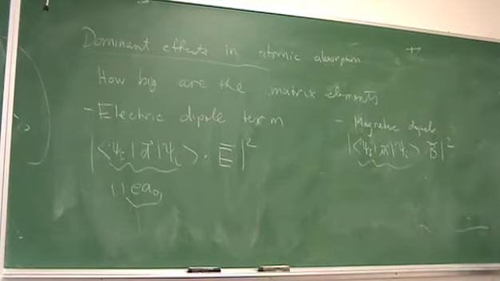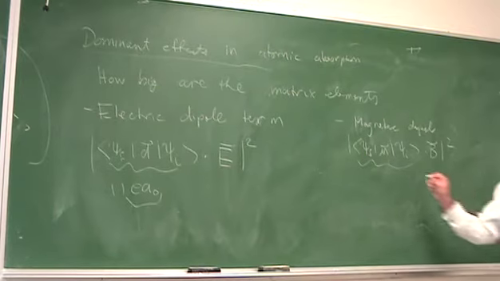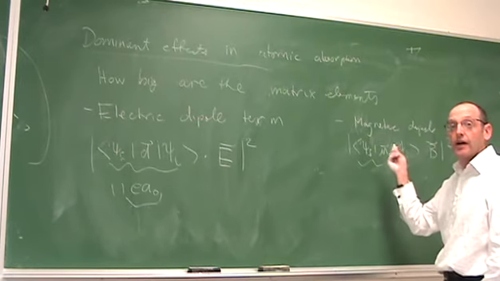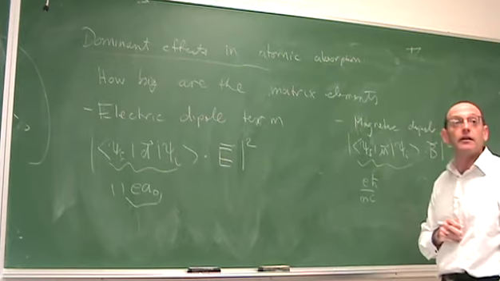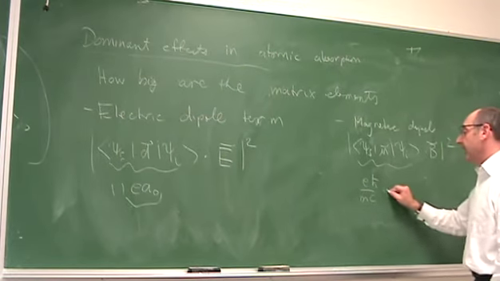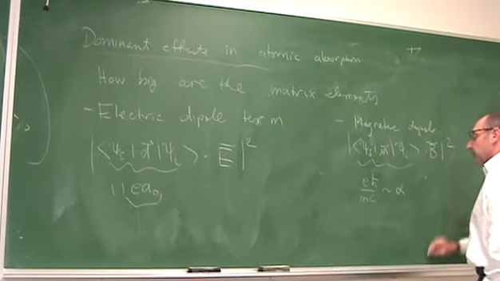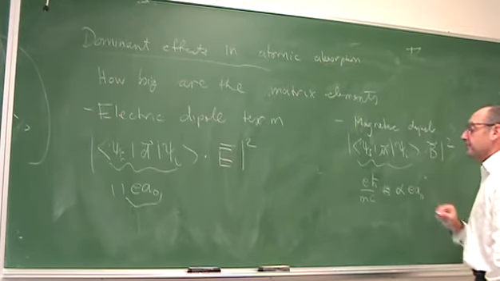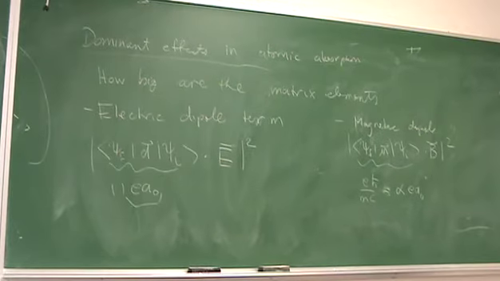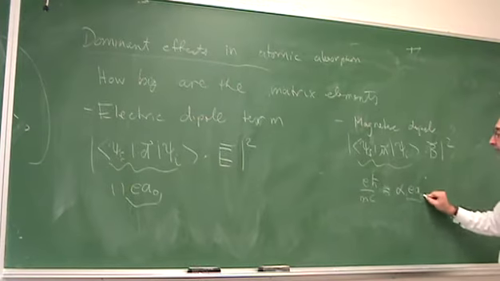Well, in the atom, from the characteristic units, this was the Bohr magneton, e h bar over mc, which is equal to the fine structure constant times the same electric dipole.